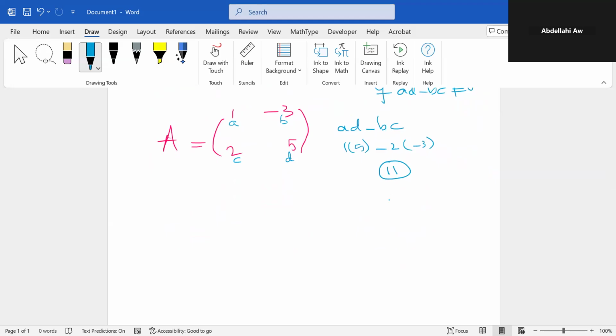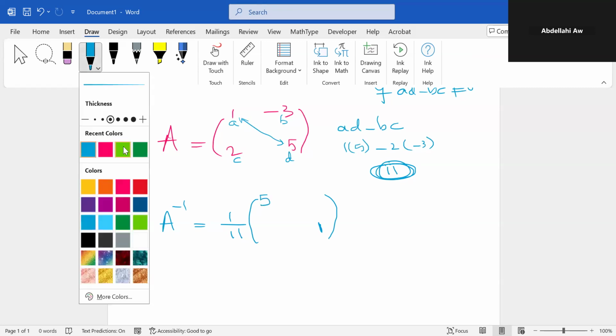The formula says the inverse, A minus 1, equals 1 over whatever number we found here, 1 over 11. And then, remember, we swap 1 and 5: 1 comes down here, and 5 goes up here. The other two, we don't swap them, we just change to the opposite.